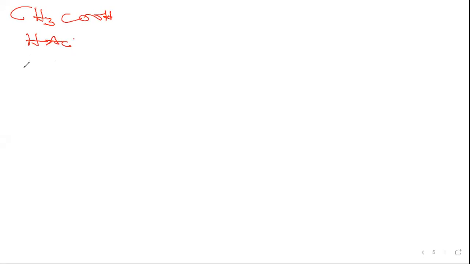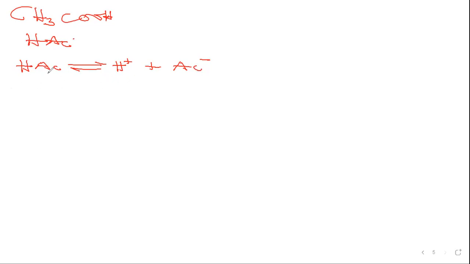And when you have this acetic acid, it is a weak acid, so it will dissociate partially in solution to give us H plus and then the acetate anion. This is what you're going to have.